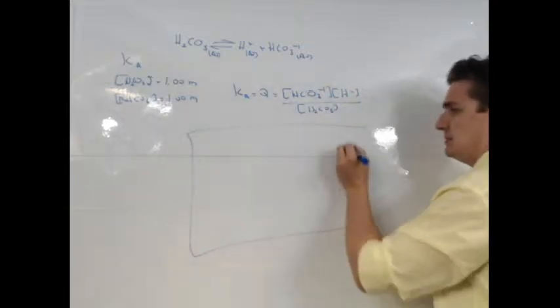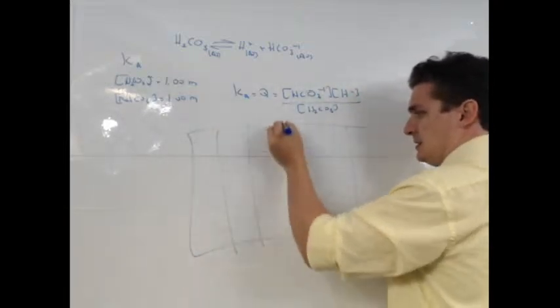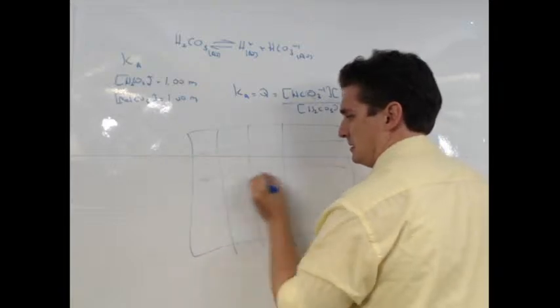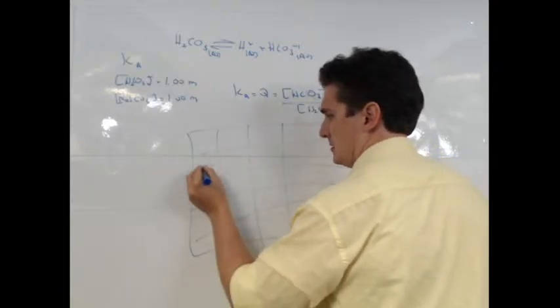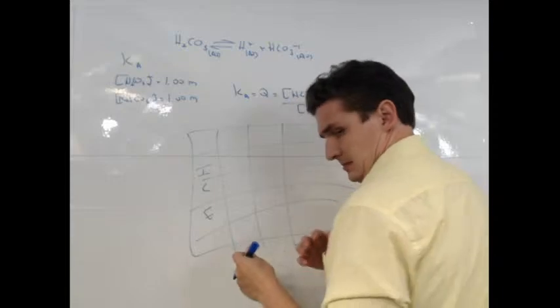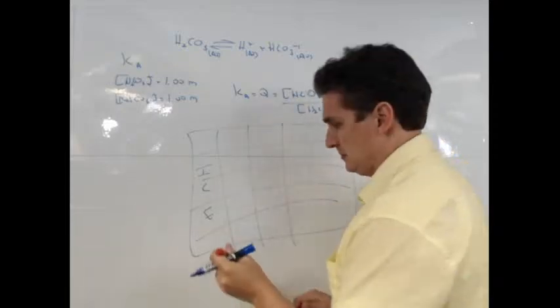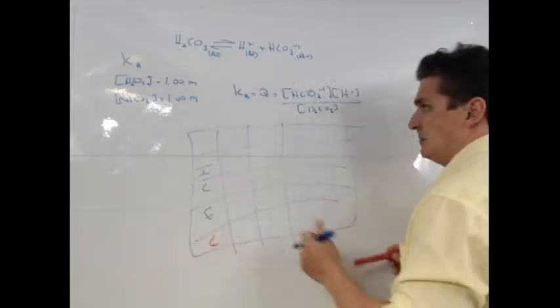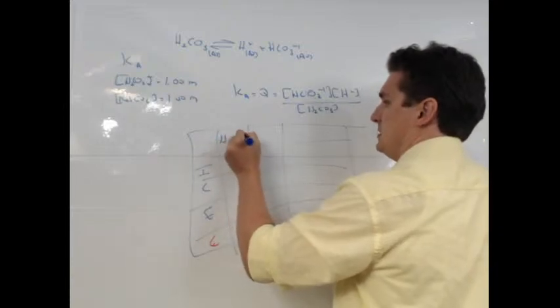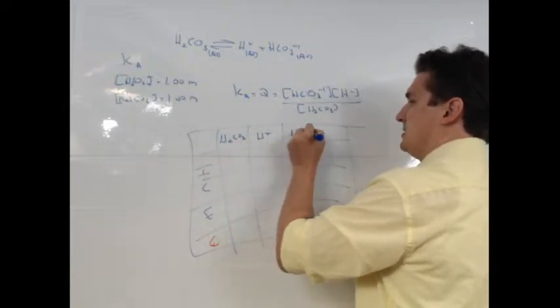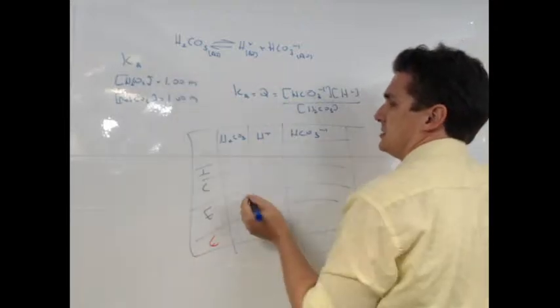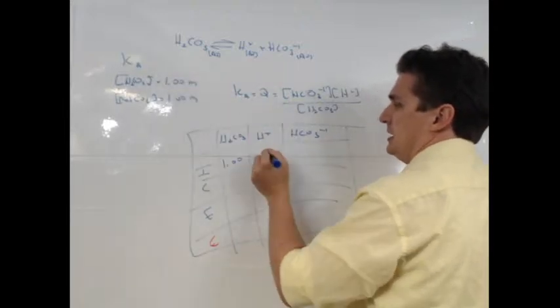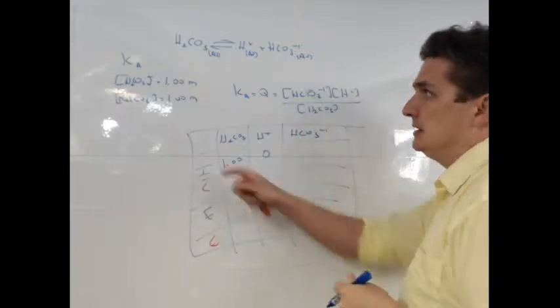We build our IC table. So we have H2CO3, H plus, and HCO3 minus 1. Our H2CO3 concentration is 1 molar. H plus is 0 because we're not given it.